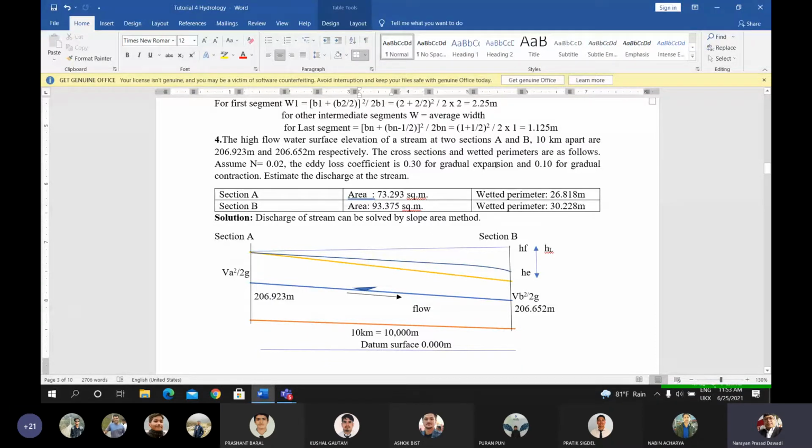So for the gradually expanded reach, the eddy loss coefficient is taken as 0.30. We don't need to take it as 0.10, because the section is being expanded.